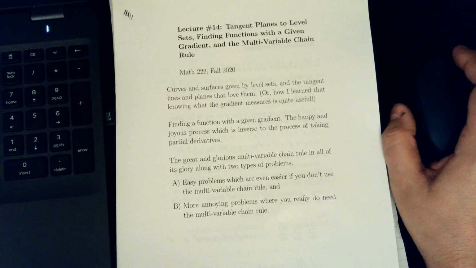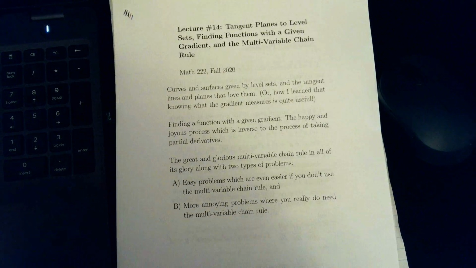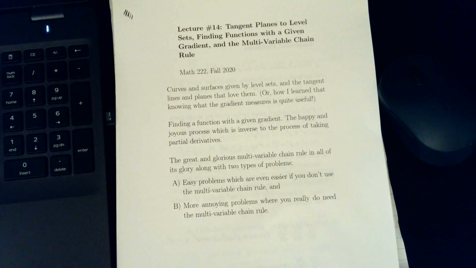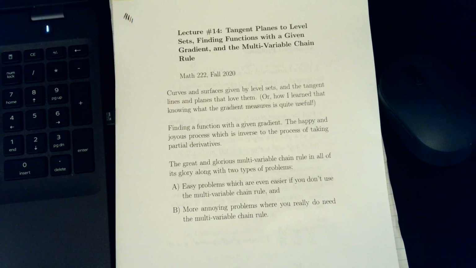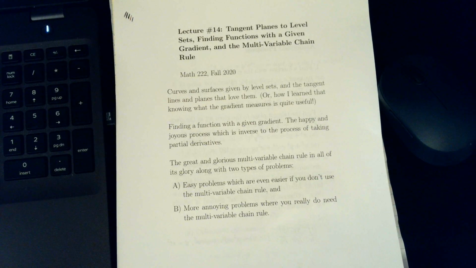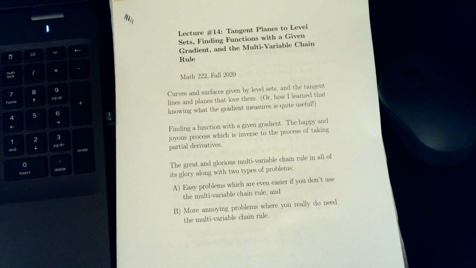Lecture 14. A couple things you need to know in order to be able to finish the homework. First of all, one of the most important things is to recognize that various curves and surfaces are frequently given as level sets.